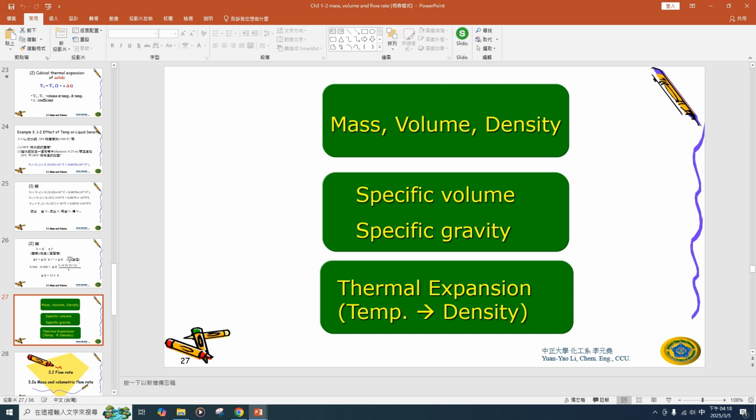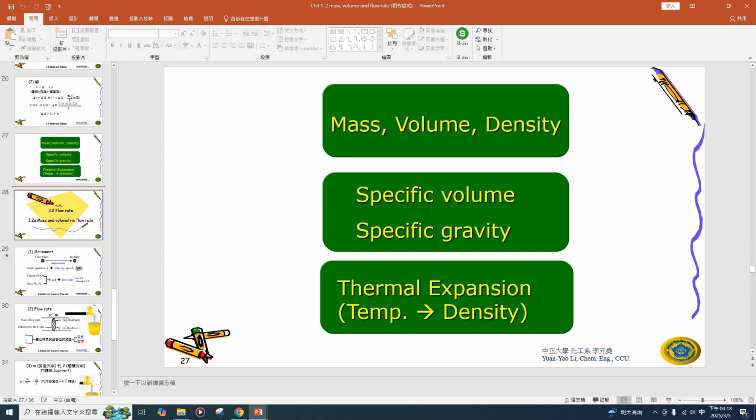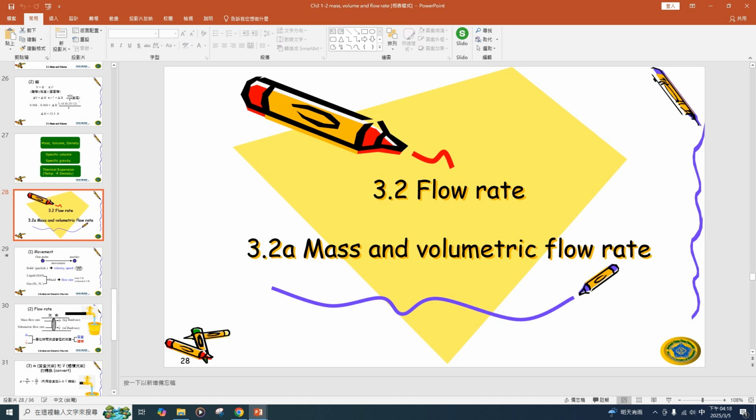So how about thermal expansion? If we increase the temperature, the volume increases in a general case, so the density will decrease, right? After that, we moved to a very important part of chapter 3, which is flow rate.